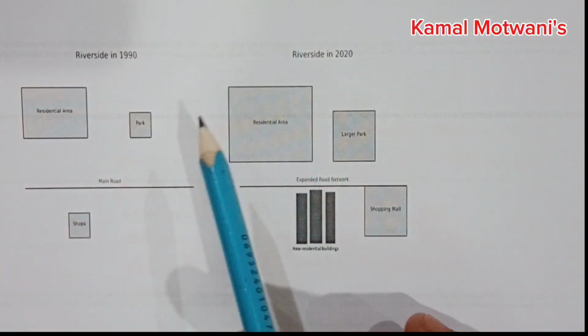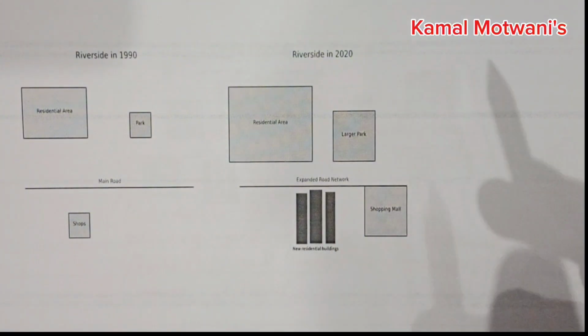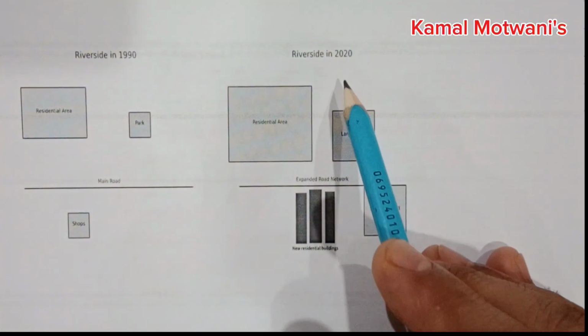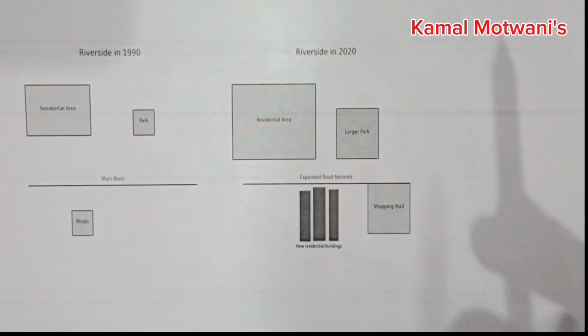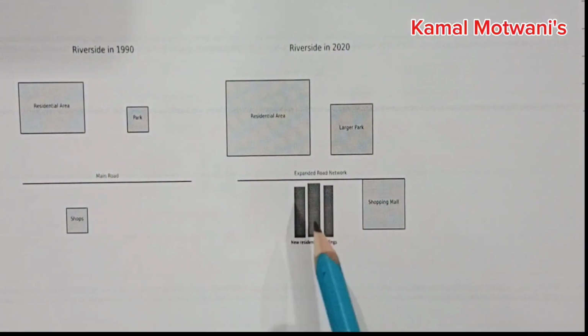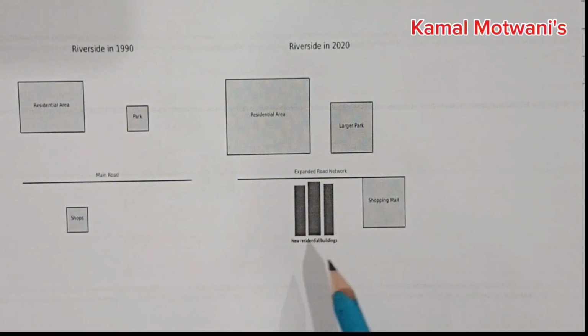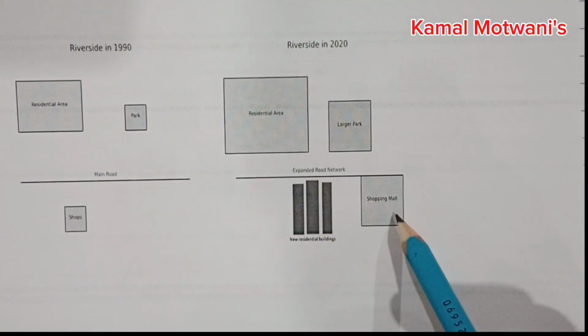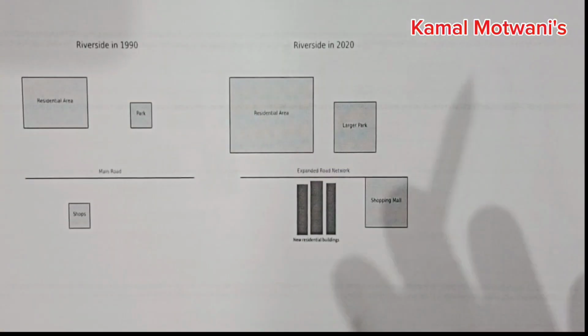After a gap of 30 years, Riverside in 2020 looks like there is a big residential area, there is a large park, there is an expanded road network, there are new residential buildings, and there is a shopping mall. All this information before and after, we just have to write in a paragraph format. That's how simply the report or the essay regarding the maps is written in IELTS writing task 1. Let's see another example.